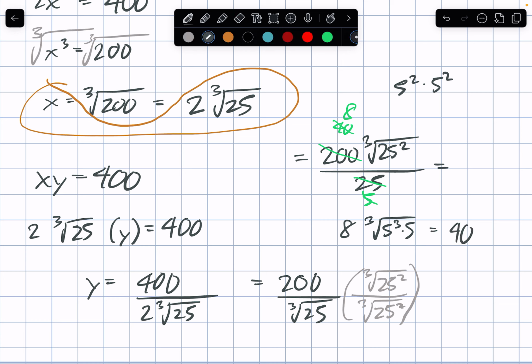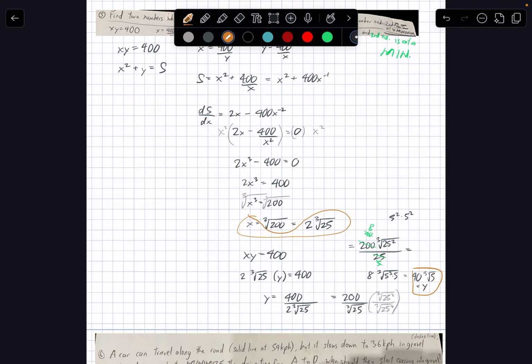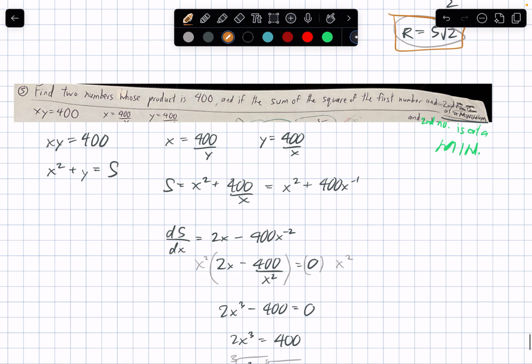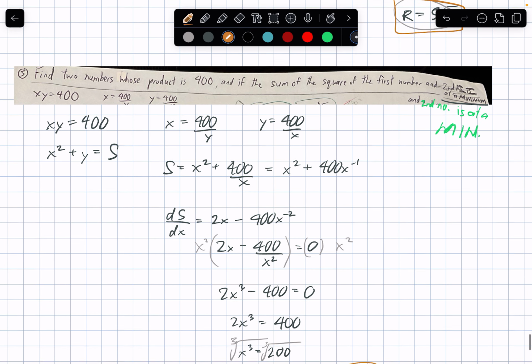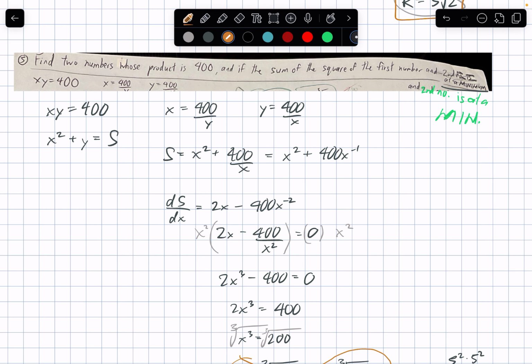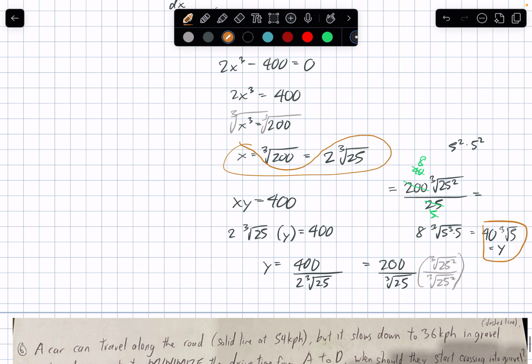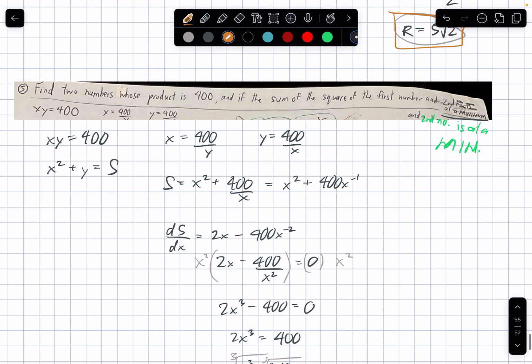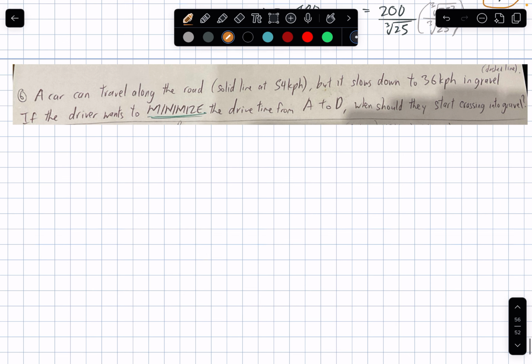So this is 40 cube root of 5. That is equal to our y value. That's it. We found the two numbers whose product is 400, and the sum of the squares of the first number and the second number is at a minimum.